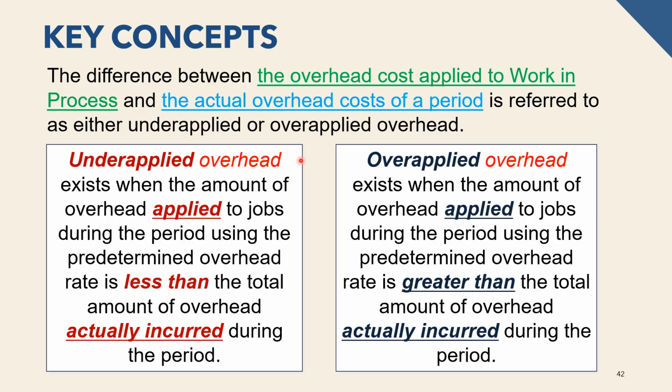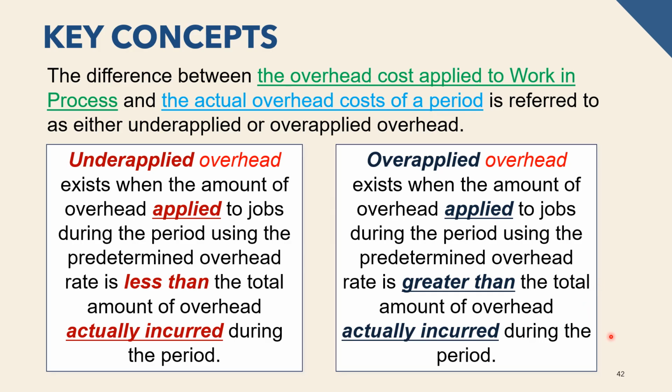Under-applied overhead exists when the amount of overhead applied to jobs during the period using the predetermined overhead rate is less than the total amount of overhead actually incurred during the period. But over-applied overhead exists when the amount applied is greater than the total amount actually incurred.